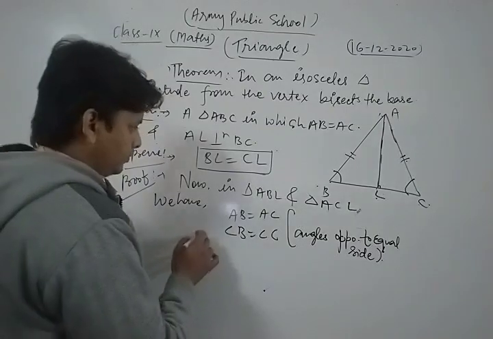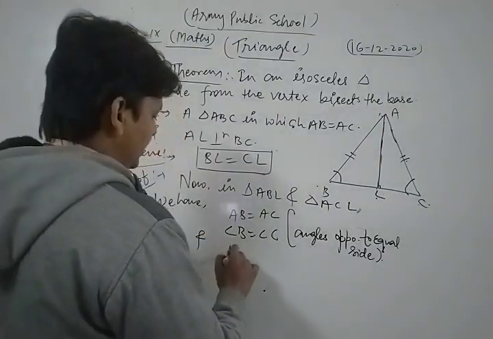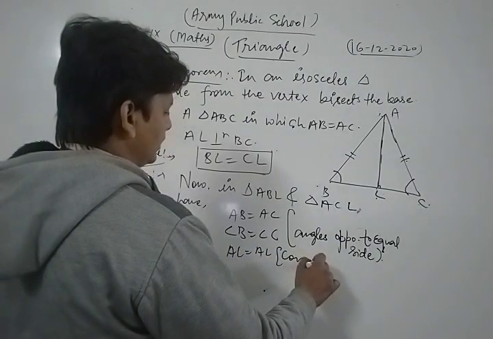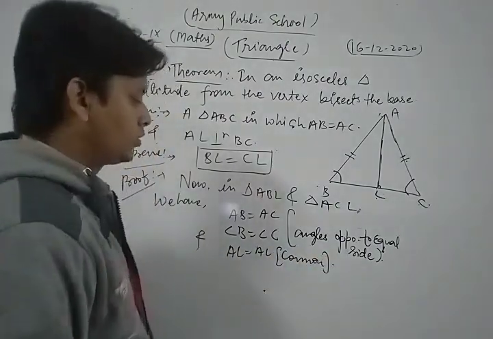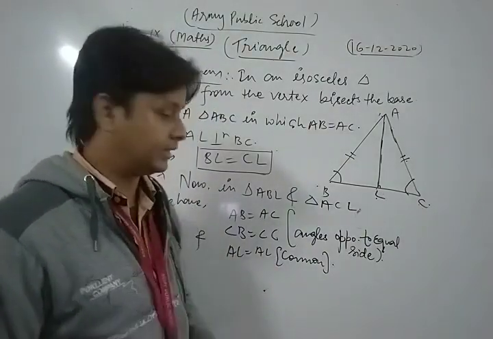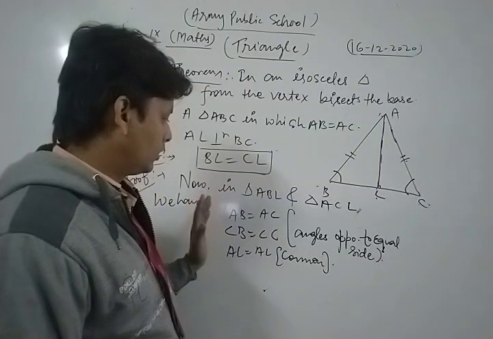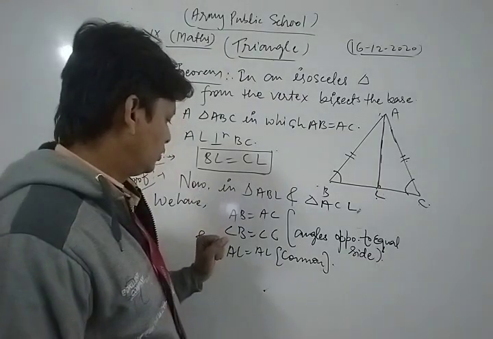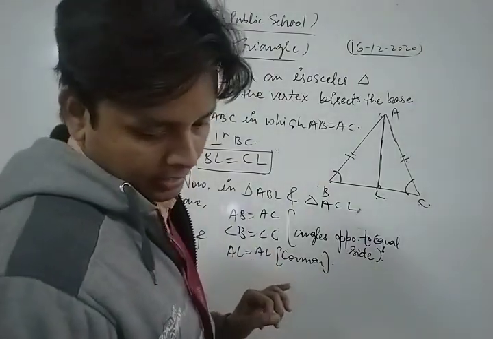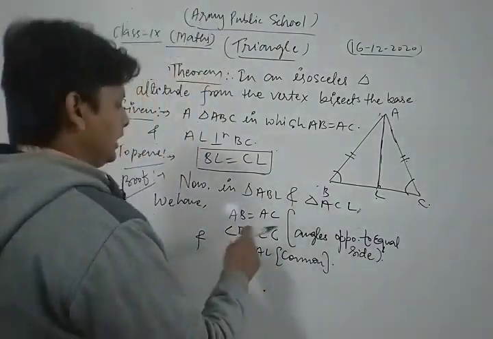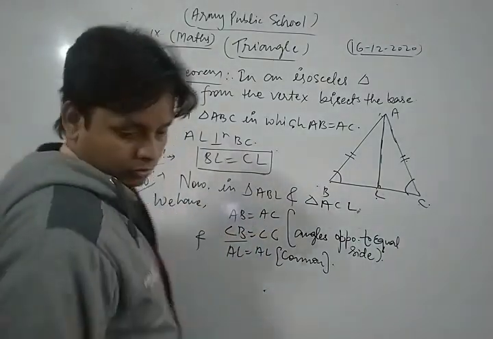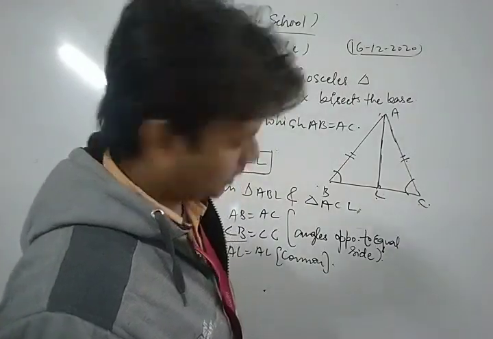And now AL is common. AL is equal to AL. This is the common side, dear student, in both the triangles. Now angle ALB and angle ALC. AL is the common side.